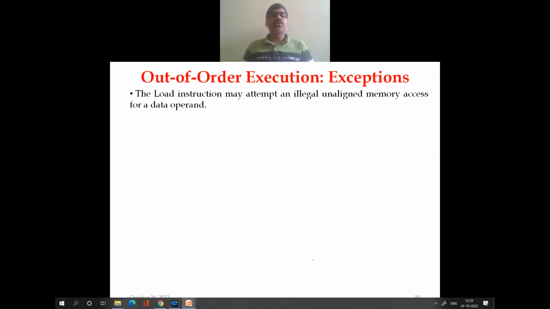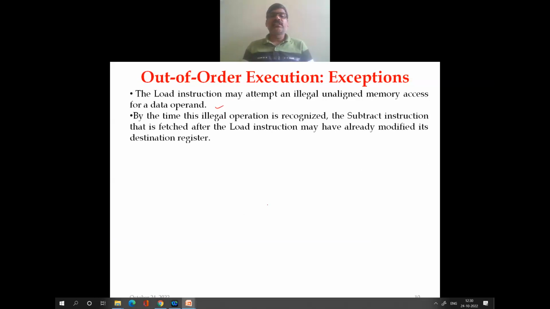So whatever the order in which you execute these two instructions does not matter. Now, the out of order execution exceptions. The load instruction may attempt an illegal unaligned memory access for data operands. By the time the illegal operation is recognized, the subtract instruction that is fetched after the load instruction may have already modified its destination register.